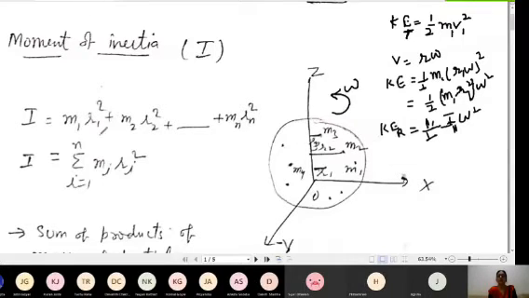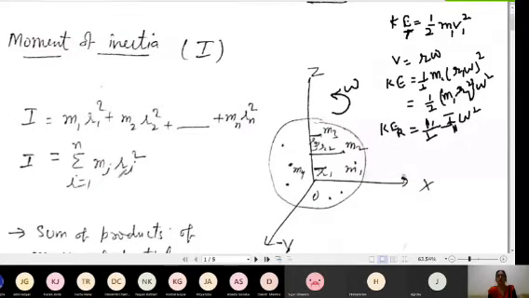For the first particle it comes out to be m1 r1 square. Similarly, for the second particle it will be m2 r2 square, and so on, mn rn square. So I can write it briefly as the summation of mi ri square, from i equals 1 to n.